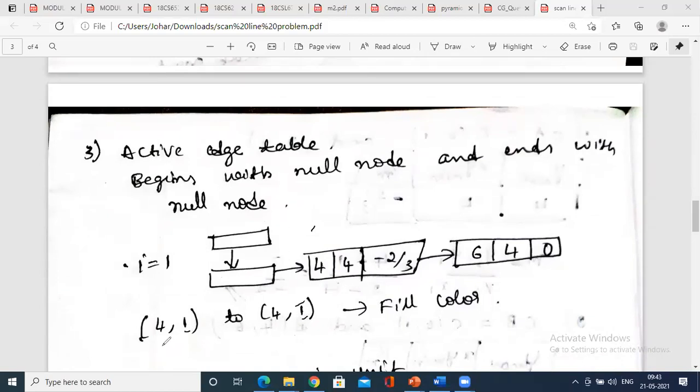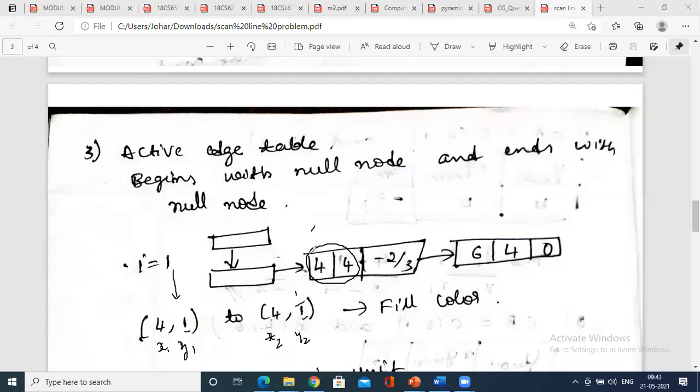So we have x1, y1, x2, y2. How do you calculate them? y1 is always common, no? As I said, throughout this line, y remains the same. So y equals 1, I directly copy from here. Coming to x, how do you calculate x from here?